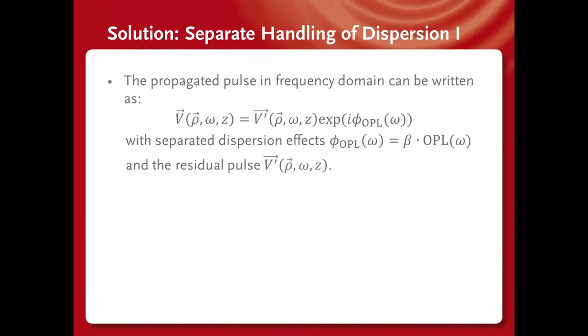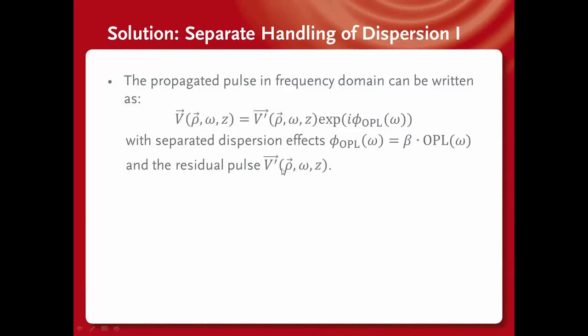And we have done this in the way that you can write, it's not an approximation, you can just write the initial spectrum as a residual field times a phase function. And this phase function is mainly determined by the optical path length, which is dependent on the frequency.